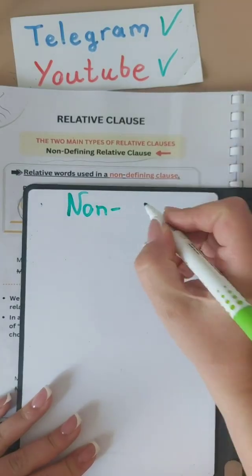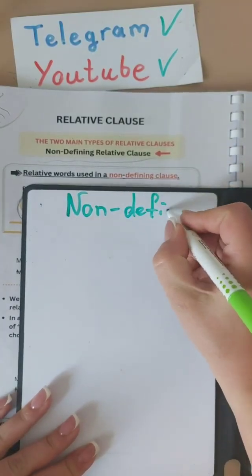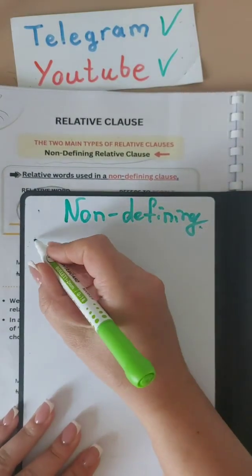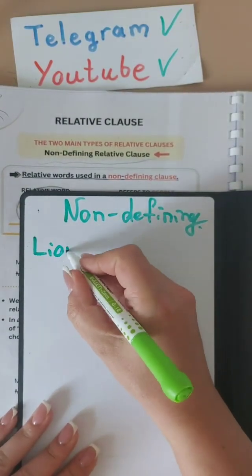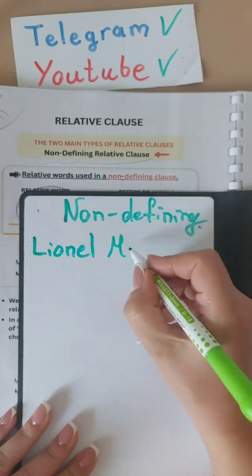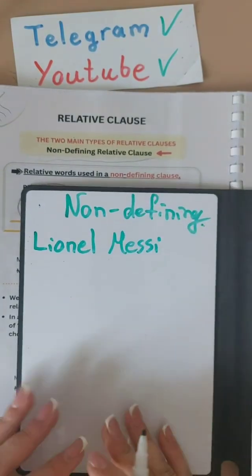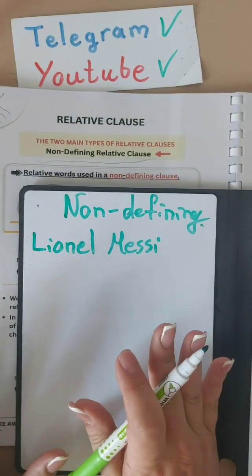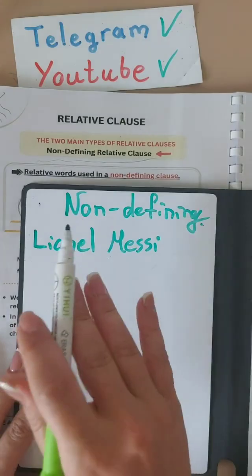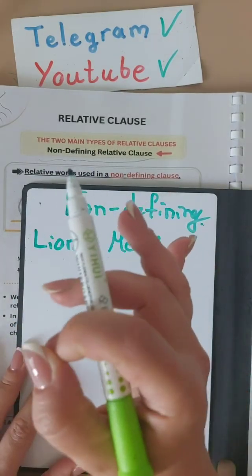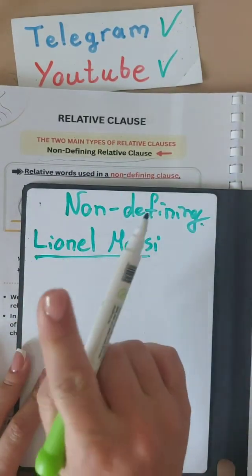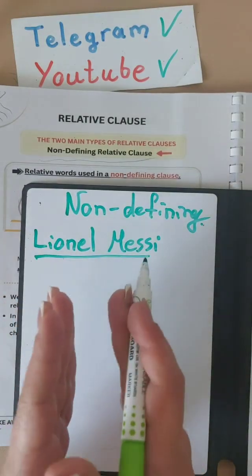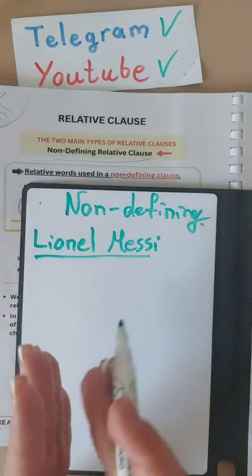Non-defining. Example, Lionel Messi. We all know who Lionel Messi is, right? Here, we don't need essential information to identify this person, right? Because everyone knows Lionel Messi.